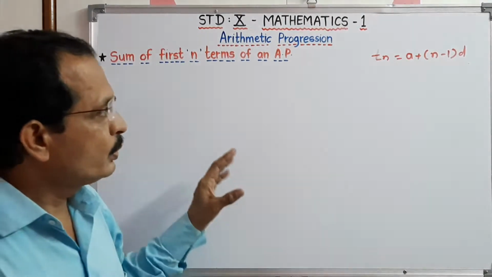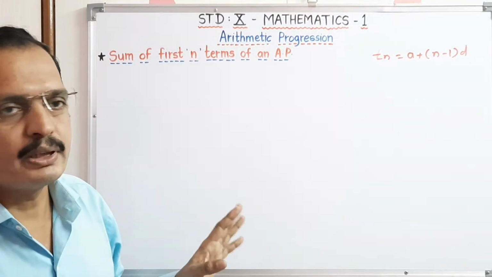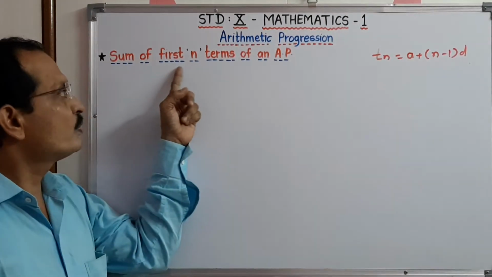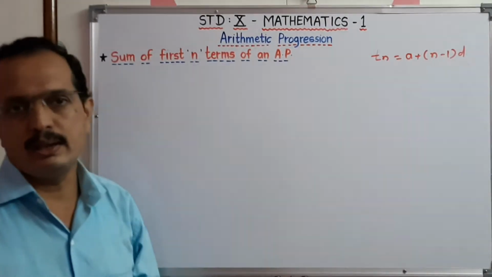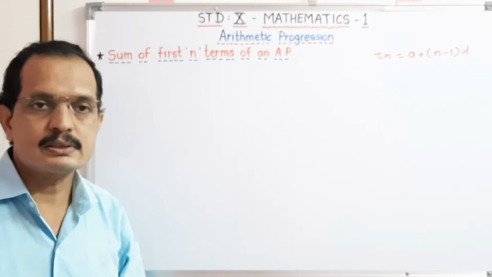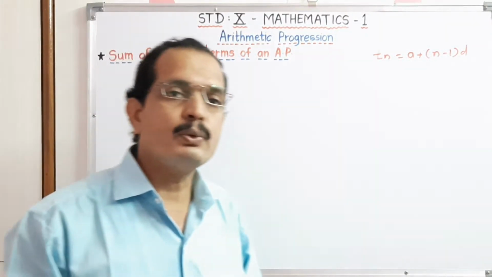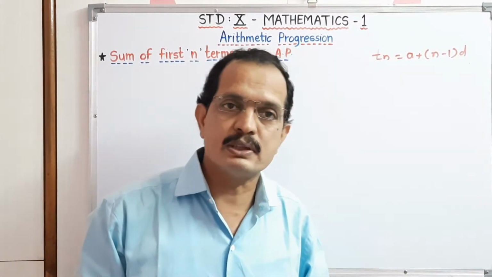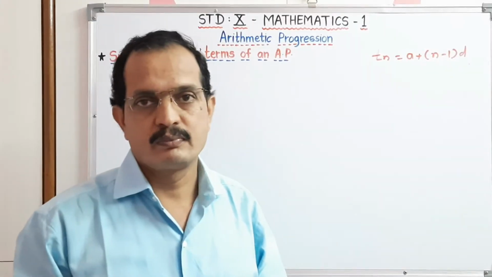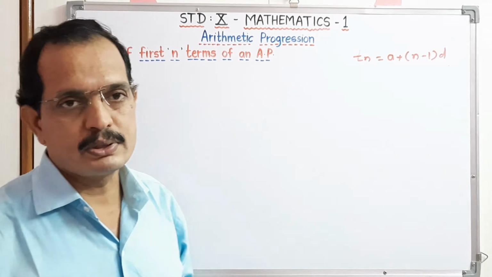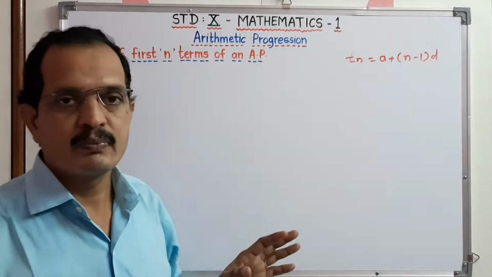Now today our topic is the sum of the first n terms of an AP. That means one AP is given and we have to find the sum of all the numbers in that AP. For that purpose one formula is there.